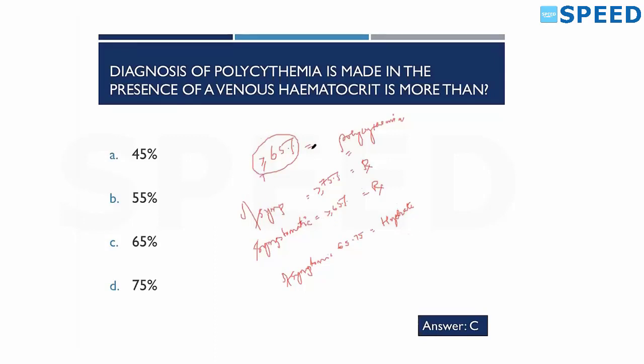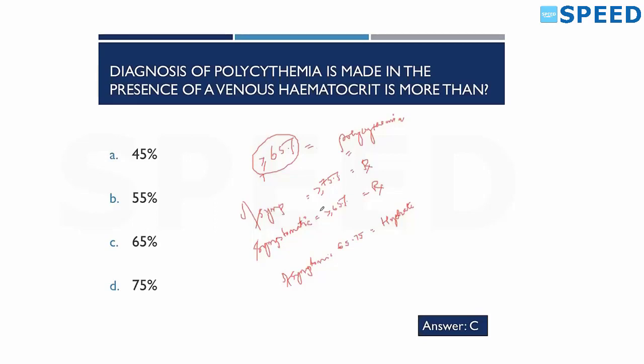The definition of polycythemia in a neonate is a PCV of more than or equal to 65%, and when it comes to the management, any patient with symptomatic polycythemia will require treatment in the form of partial exchange transfusion. If the patient is asymptomatic and you still want to treat by partial exchange transfusion, then the packed cell volume or the hematocrit value should be more than 75%.